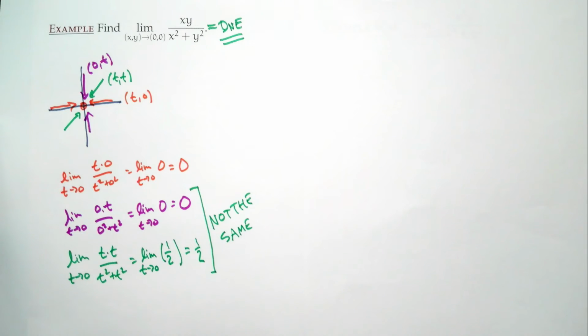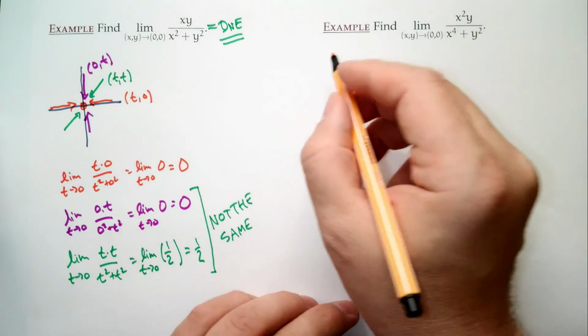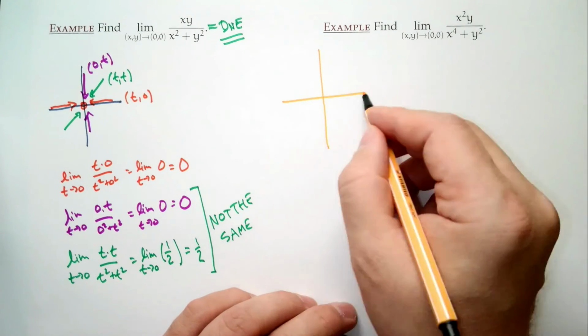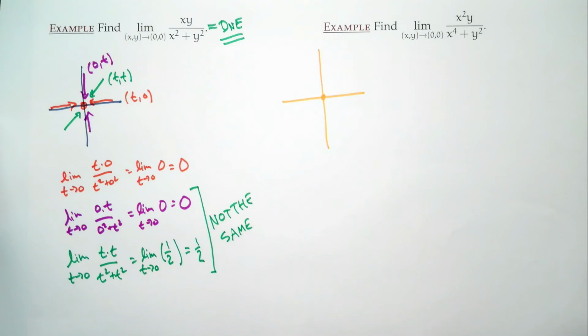So sometimes it helps to explore a little bit. Okay, let's try one more. The limit as (x, y) goes to (0, 0) of x squared y over x to the fourth plus y squared. All right, how bad could this one be? I'll speed up a little bit here for this one.